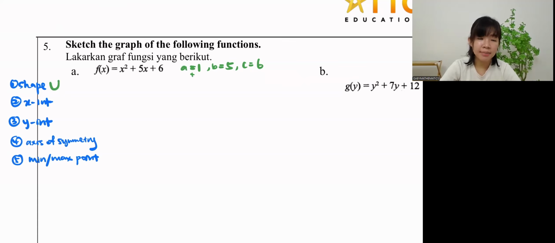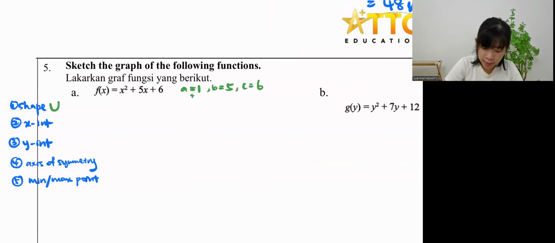Intercept. What is the x-intercept? The x-intercept means where the graph touches the x-axis, the x1, x2. How do we usually find x1, x2? Use calculator. Key in ABC in the calculator. A is 1, B is 5, C is 6. So you get x1 is -2, and the other one is -3.